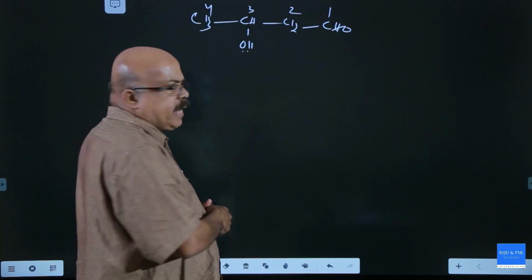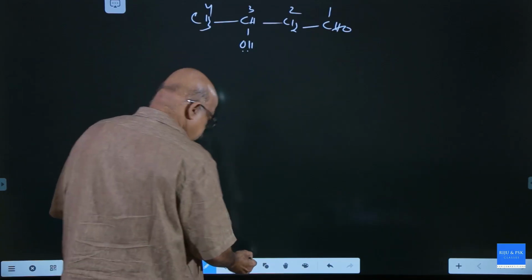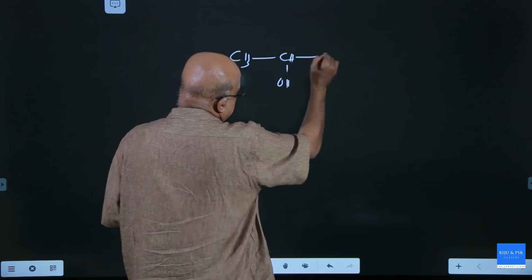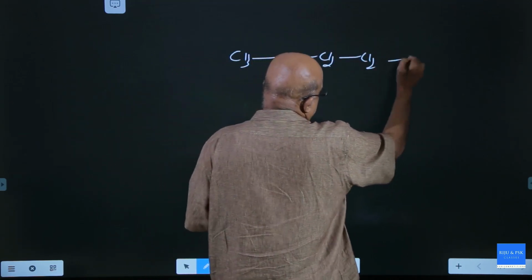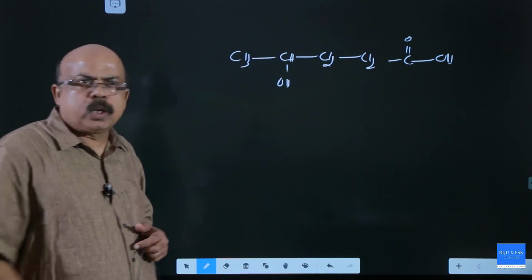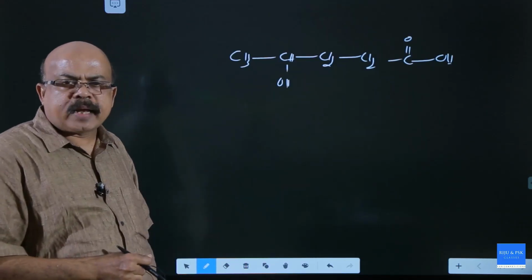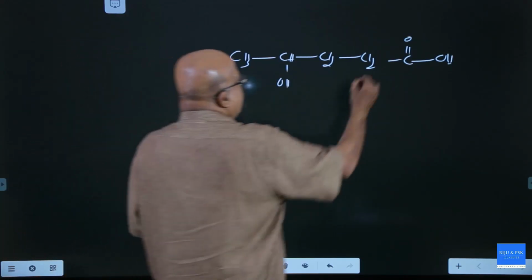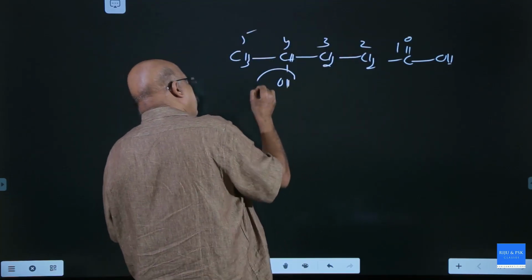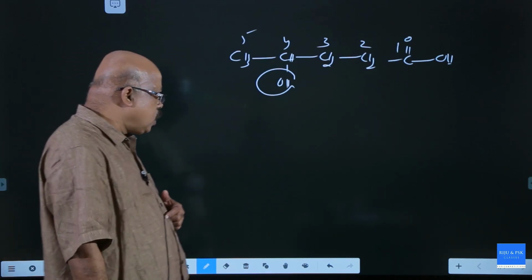It is 3-hydroxybutanal. Here there are 2 functional groups, COOH as well as OH group. COOH group is taken as the principal group. 1, 2, 3, 4, 5. It is 4-hydroxypentanoic acid.